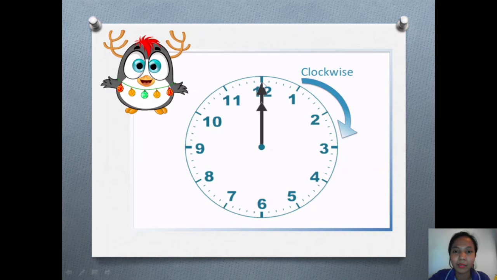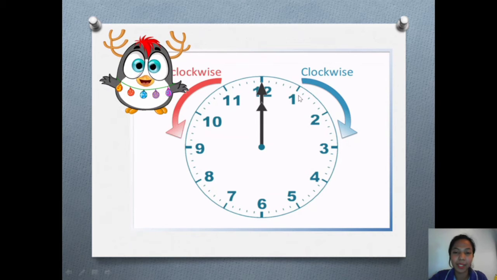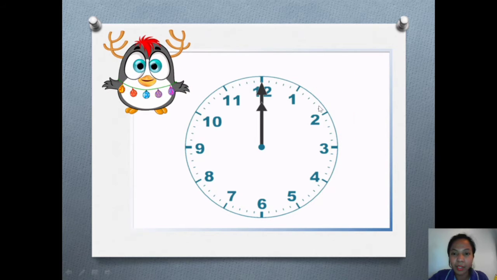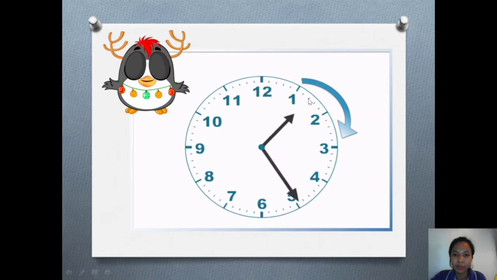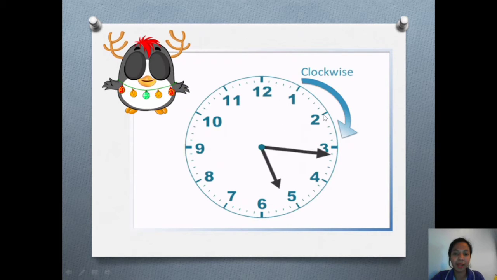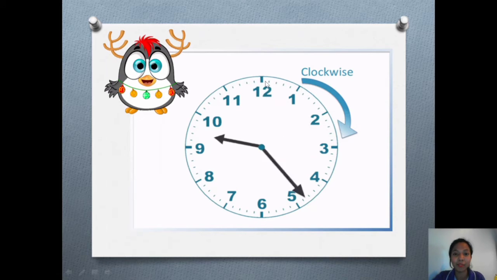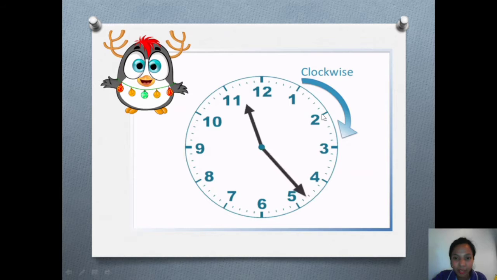So let's count: 1, 2, 3, 4, 5. 5 minutes. Next, from here to here, another 5 minutes: 1, 2, 3, 4, 5. 5 minutes. So how many minutes do we have so far from here to here?